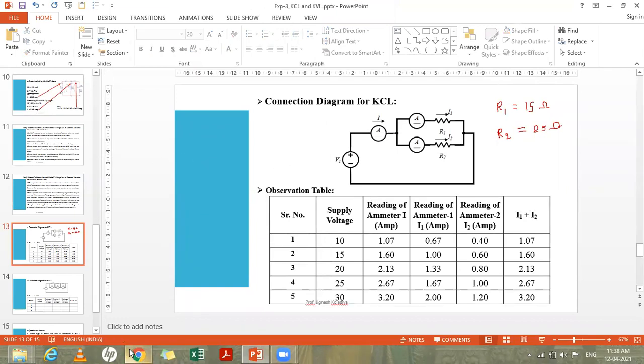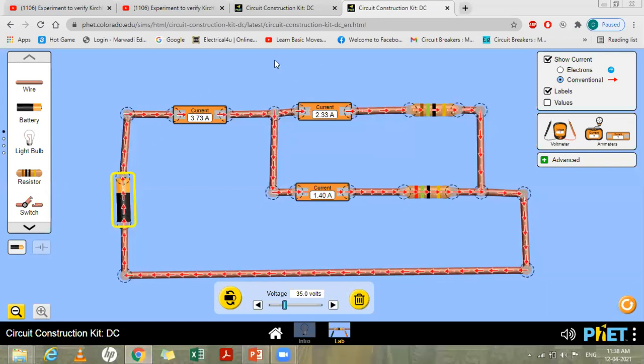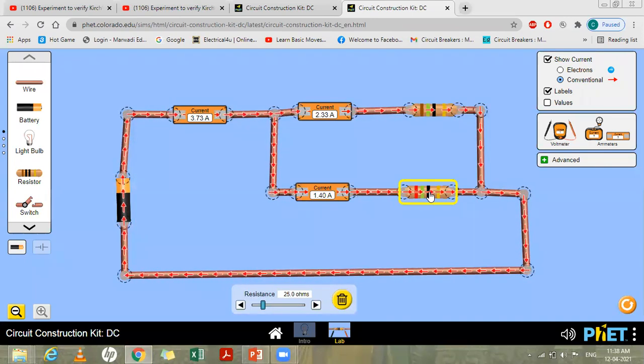Now, tell me one thing. If I keep this resistance at 0, meaning a short circuit occurs in this second branch, then how much current is passing through branch number 1?